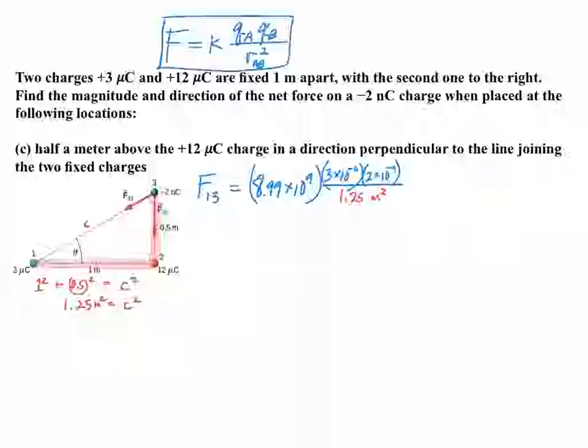Now, if I'm going to do the x direction, so I haven't put this in yet because I wanted to use the color, we need to do this in the x direction. I need the projection along the x direction. But this is not going to change what Coulomb's law is demanding, because you absolutely must put the square of the distance between the charges in Coulomb's law every time.